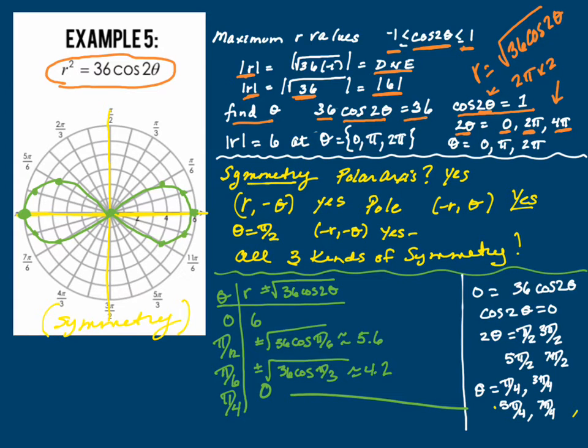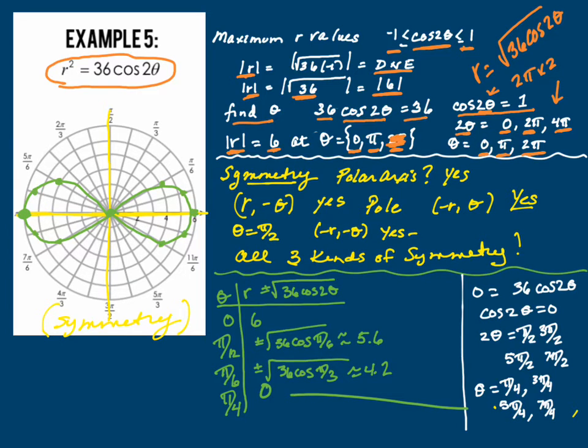If we divide by 2, theta is 0, 2 pi over 2 is pi, and 4 pi over 2 is 2 pi. So we know that the absolute value of r is equal to 6 at 0, pi, and 2 pi is kind of itself again, that's 0 again. So we can just say at 0 and at pi if we wanted.